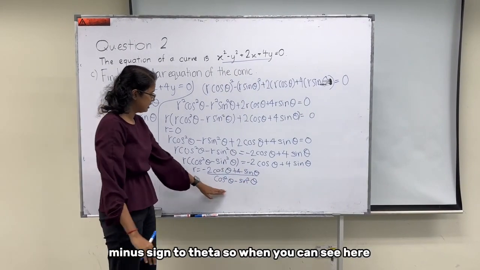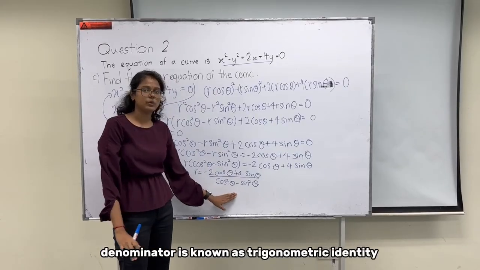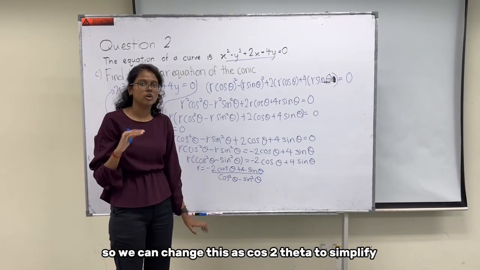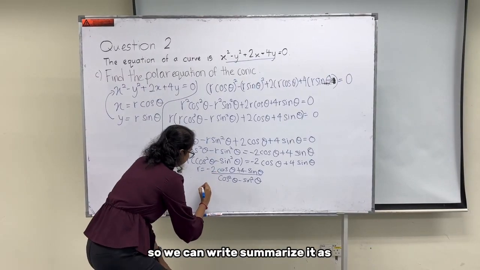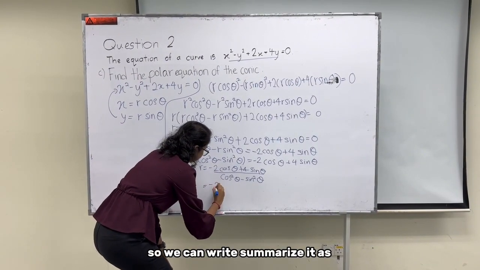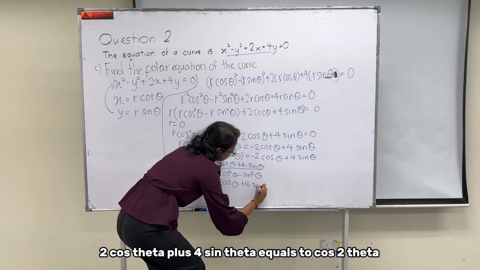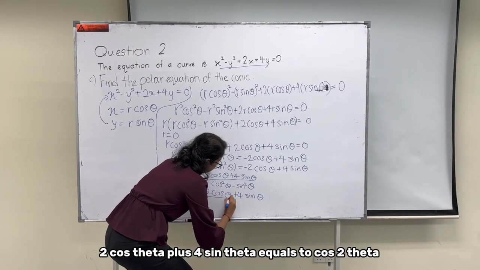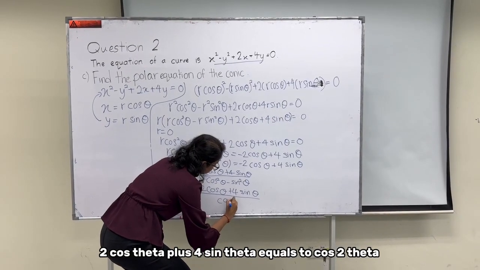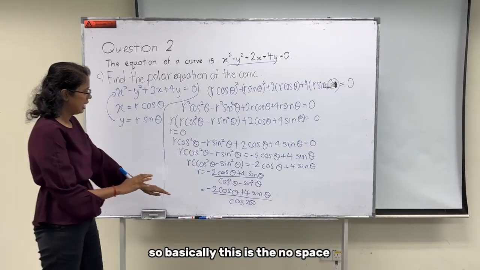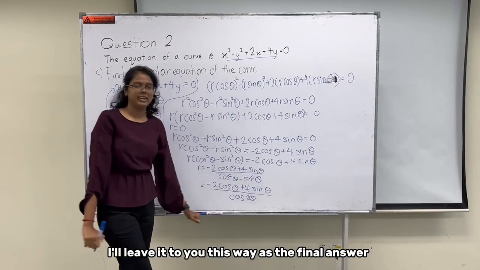You can see the denominator here is a trigonometric identity, so we can change this to cos 2 theta to simplify. So we can summarize it as r equals negative 2 cos theta plus 4 sine theta over cos 2 theta. I'll leave it this way as the final answer.